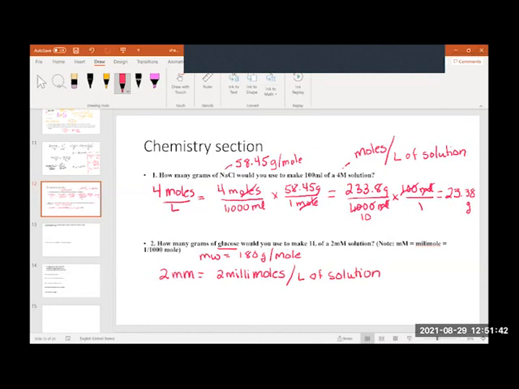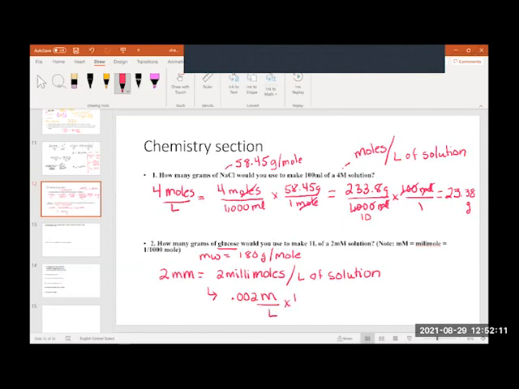What's another way I can write that? I should convert it to just moles. Well, what are 2 millimoles in moles? Again, I can use my King Henry slider, and I move my decimal place 3 places to the left when I use that. So 2 millimoles now equals 0.002 moles per liter of solution.